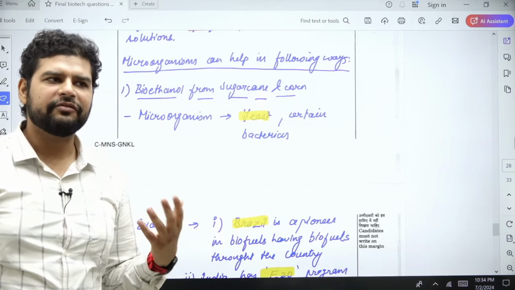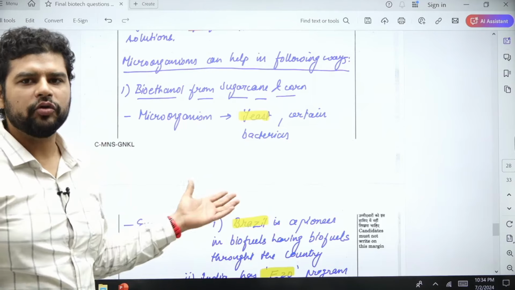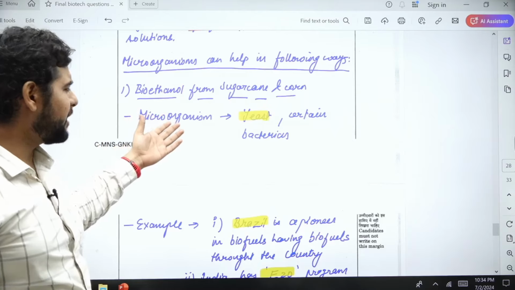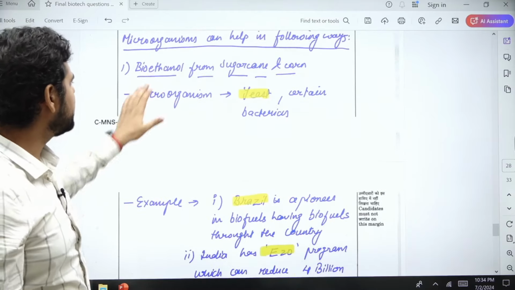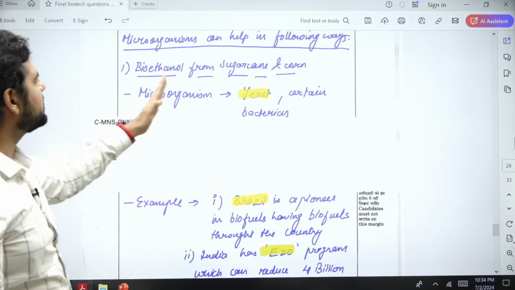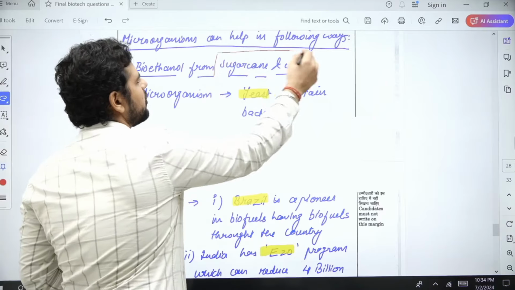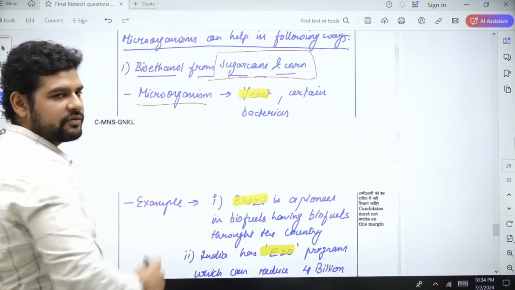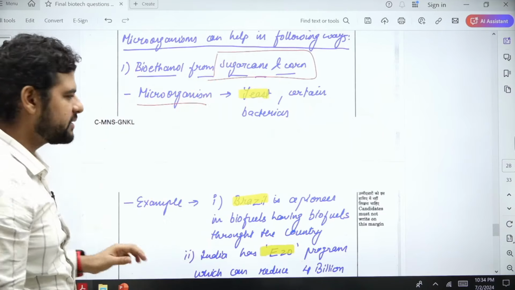Now I have tried to have a different approach in this question, by which I'll explain the microorganisms. Let's say we have the first topic, bioethanol from sugarcane and corn. I have given the source also. Then what microorganisms we are going to use, or the process it uses.